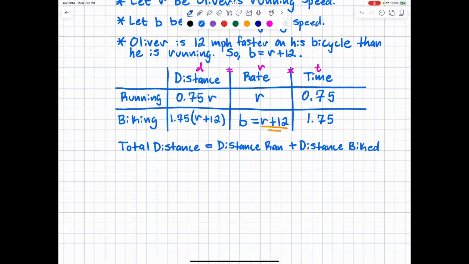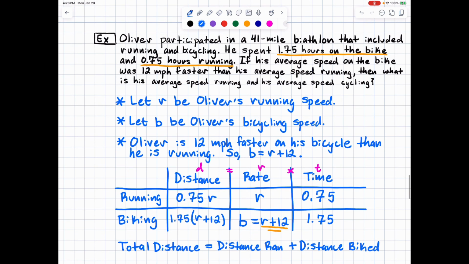The total biathlon is running and biking. So the total distance of the biathlon is going to be however far we ran plus however far we biked. So if we look up here, I'm going to erase these underlines so you can see what I'm going to highlight next.